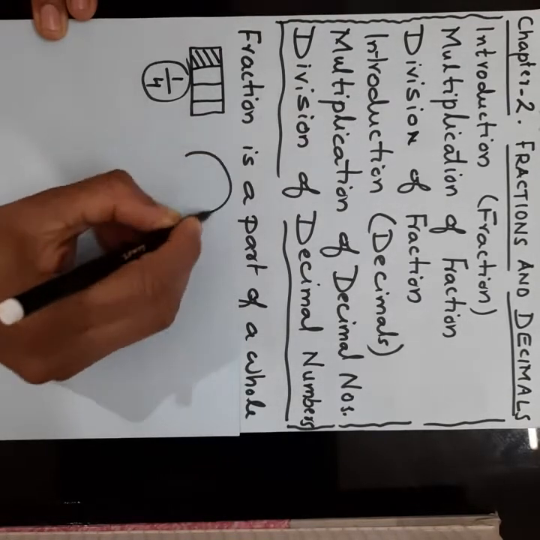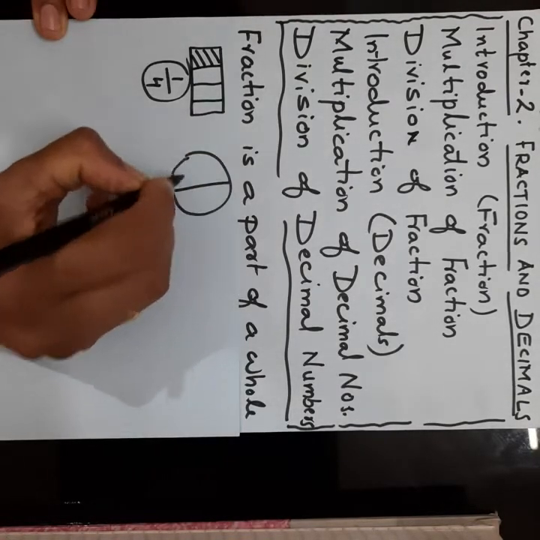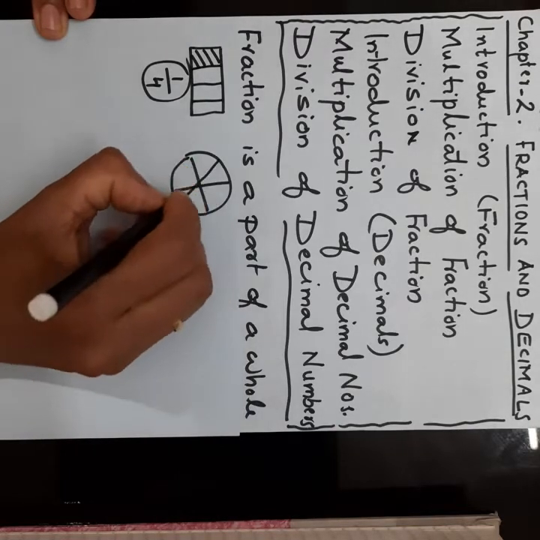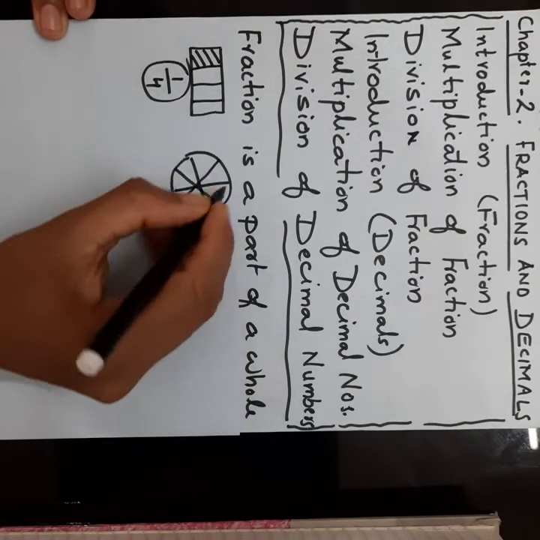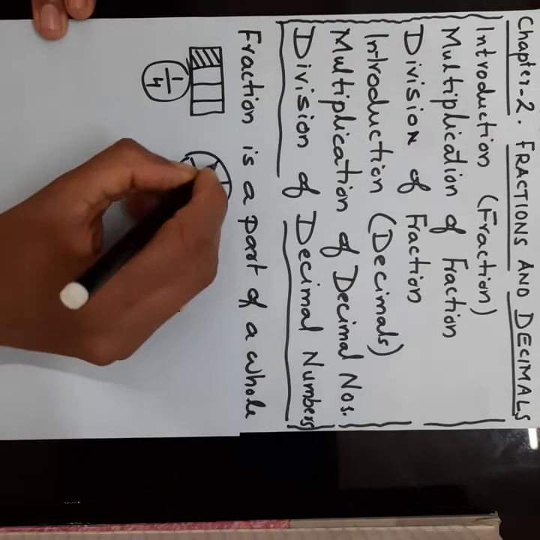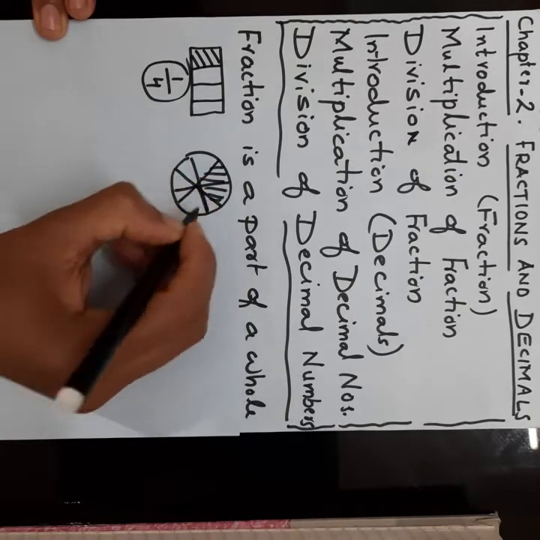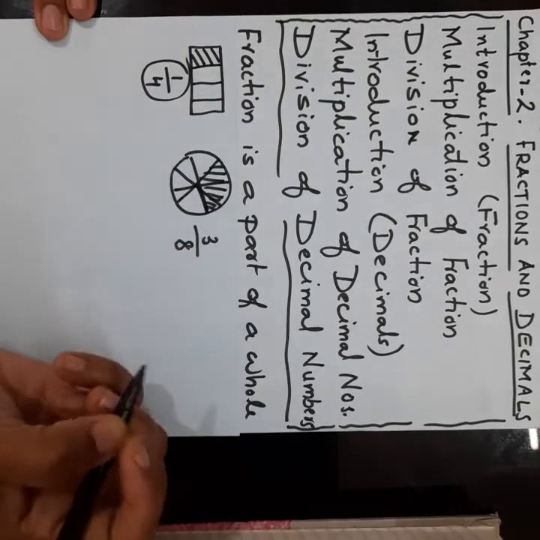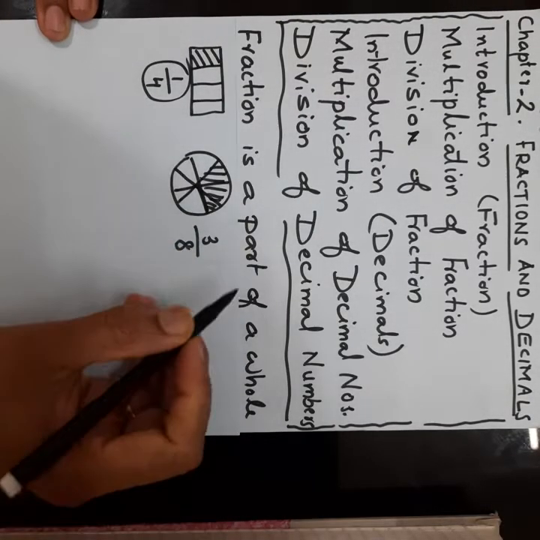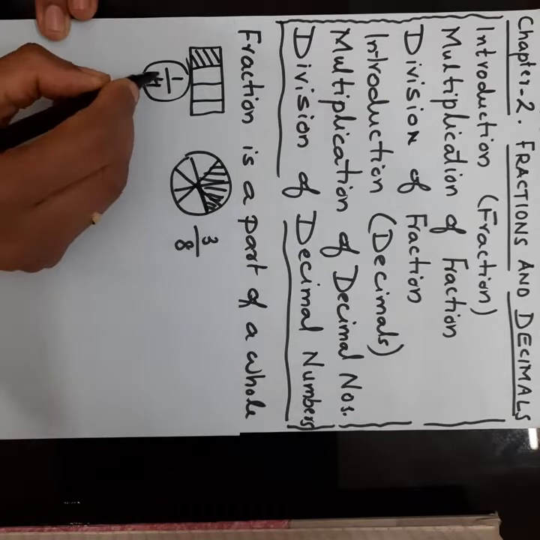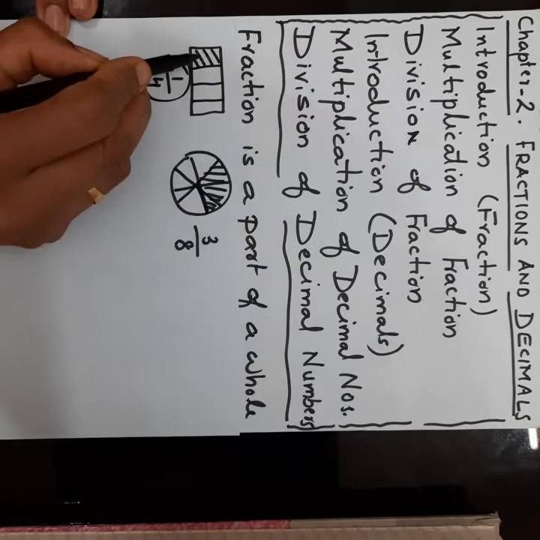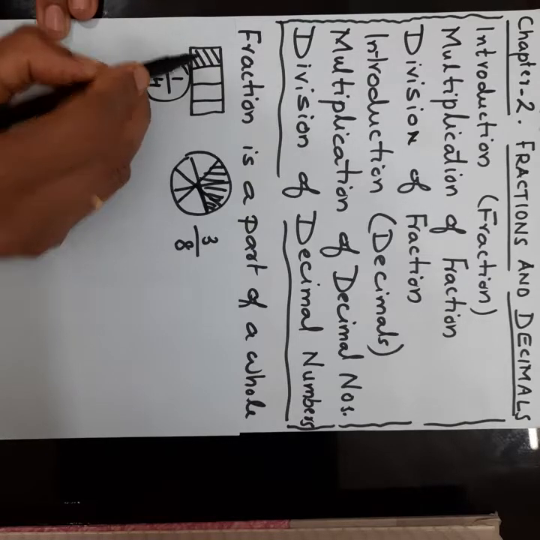And if this is a circle, if I divide it into 8 equal parts, it should be equal. If I shade 3 parts, 3/8 is a fraction. The denominator indicates how many equal parts there are, and the numerator shows how many parts are shaded.